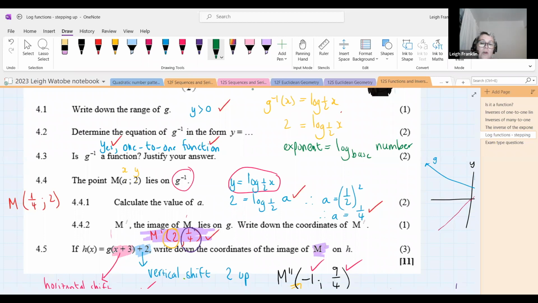So now when we go back and write it in exponential form, our number x is equal to our base raised to our exponent. So when we square a half, we're saying a half times a half, and that's where we get the quarter from. Okay, it's a very good question.